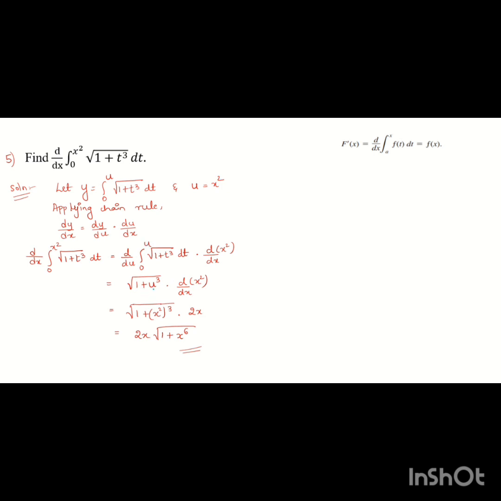So in place of u we put the value of x, that is x square whole cube, and we find the derivative 2x. So the answer will be 2x square root of 1 plus x power 6. So this method can be done directly, that is f of t will be written as f of x, and then we find the derivative of the value of x, whatever is the value of x, that will be differentiated, and that will be your final answer.